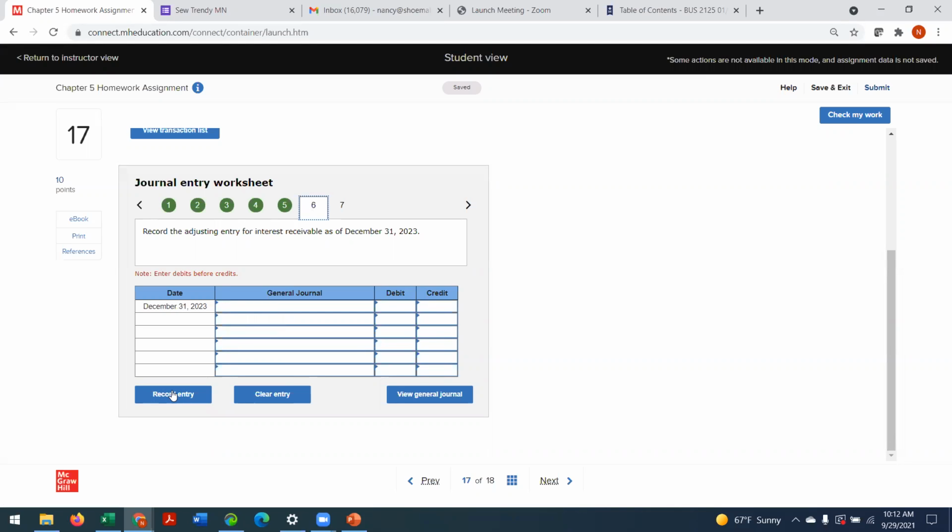Then again, the interest receivable at the end of the period and the interest revenue was the $58.65.